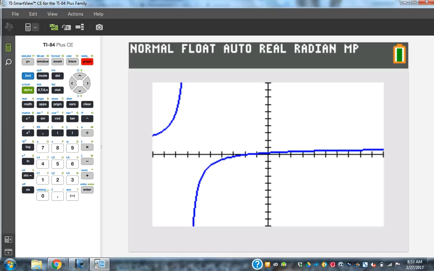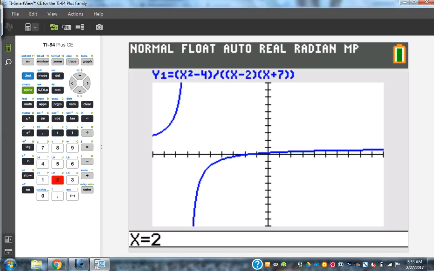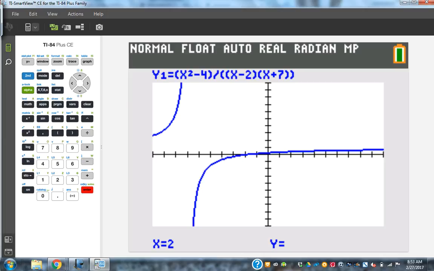That's right there. Okay. y-intercept at, what was it, 2/7? That looks like probably right. Okay. The hole we found was at what? x equals 2. If I hit trace and type in the number 2, notice what it gives me for y.